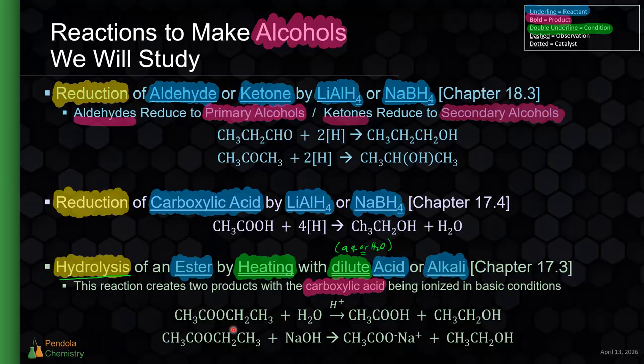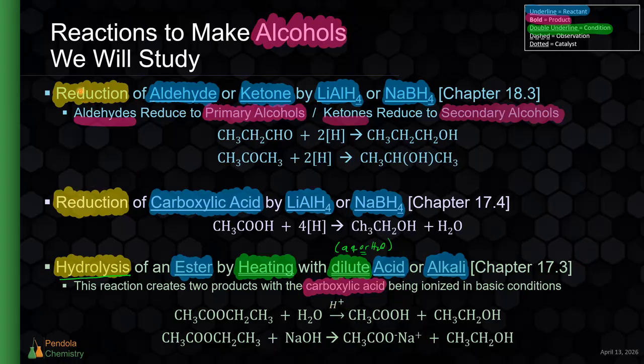But for example, if we have something like CH3COOCH2CH3, which is ethyl ethanoate, which is the ester here, and we reacted that with either an alkali or an acid, we will get two products, a carboxylic acid and an alcohol. That carboxylic acid, if we use a base, would be ionized into a carboxylate ion. But again, we'll look at those details in section 17.3.